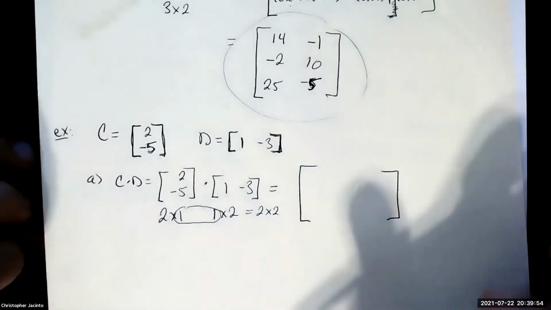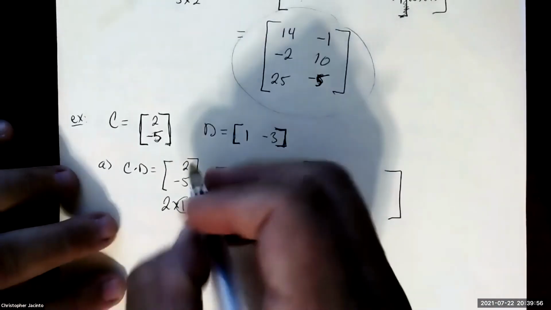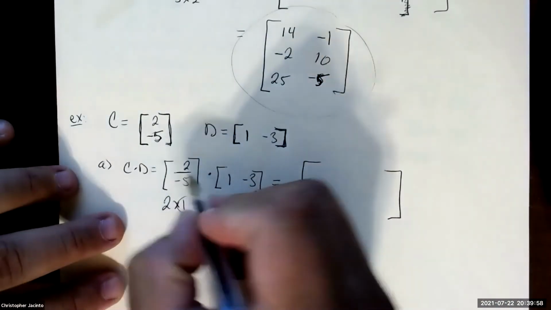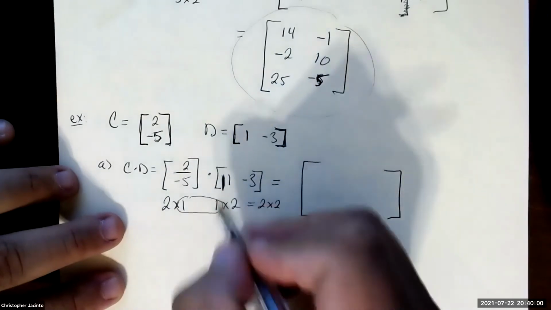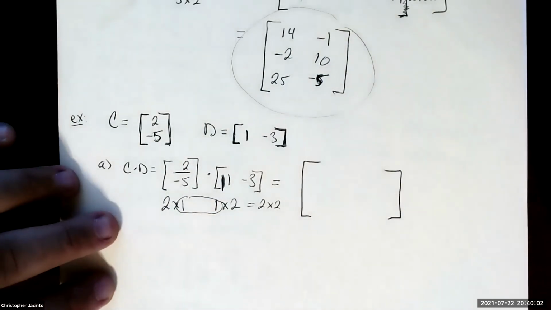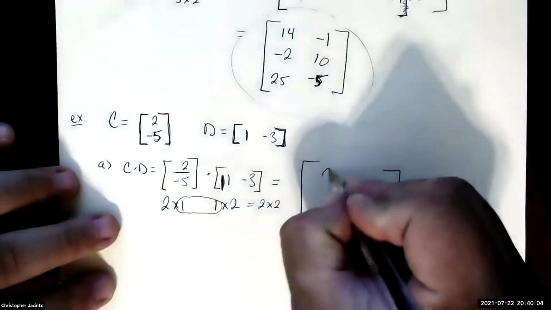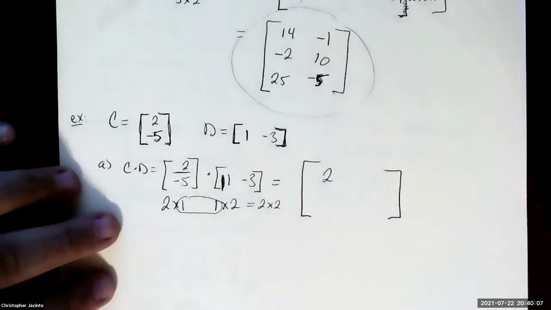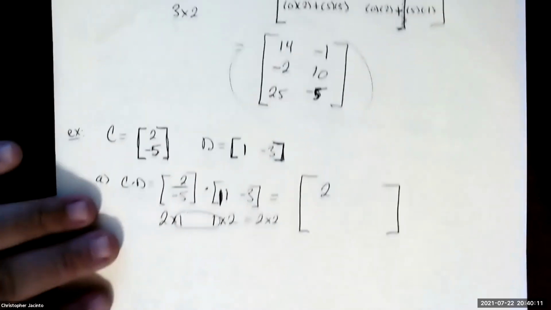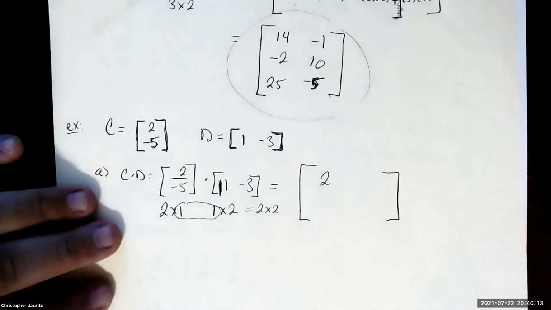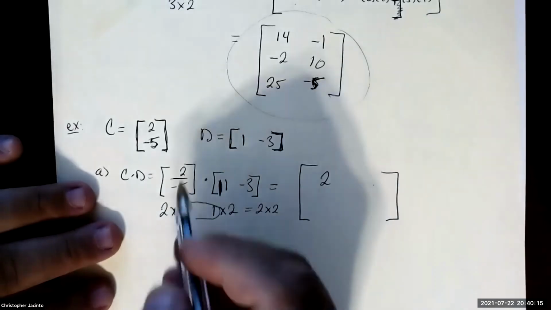Remember, if we follow our template, it's going to be the first row times its first column. Well, what's 2 times 1? 2. That's it. No adding. Look at that. Get the next one.